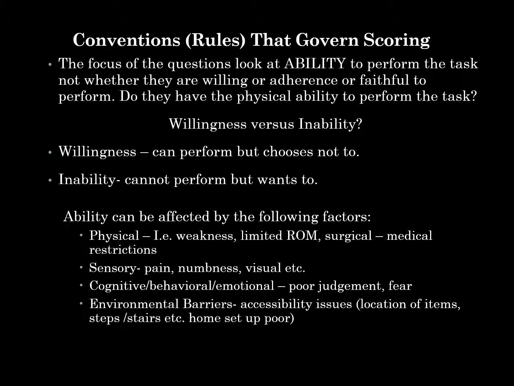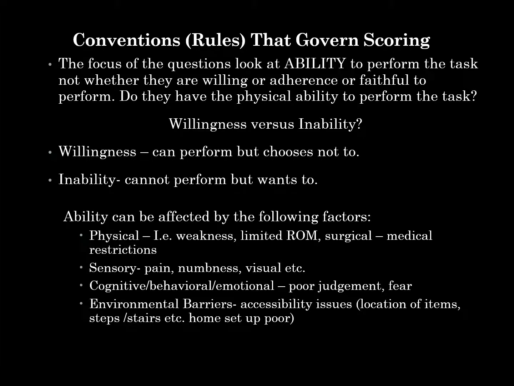Remember that the focus of the question is looking at the patient's ability to perform the task, not their willingness. Now, what does that really mean? Well, willingness can be interpreted as the person can perform, but they choose not to. Inability means they want to, but can't perform the task.